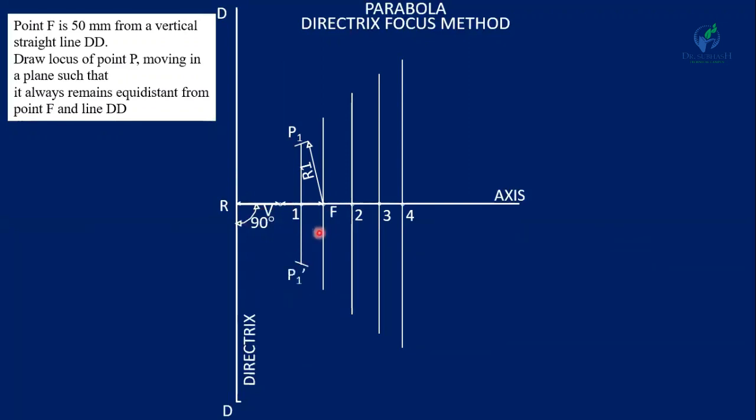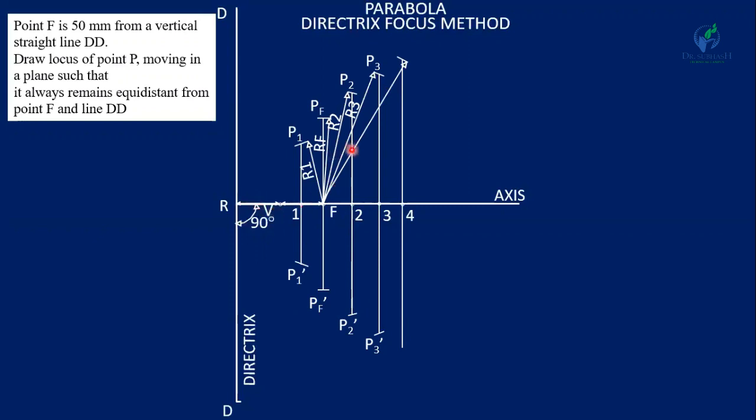Now with the same center F and radius equal to RF, draw arcs on both sides of this line. You will get the points PF and PF dash. Similarly, you will find all the points P2, P3, P4, and P2 dash, P3 dash, P4 dash.